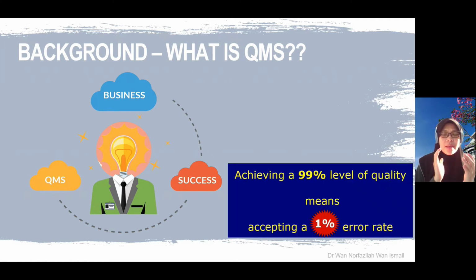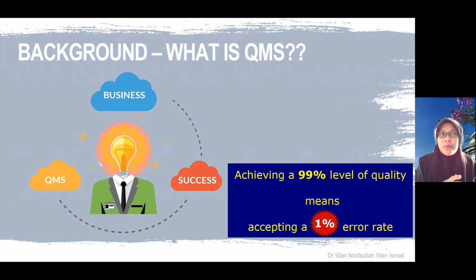Okay, so when we talk about quality, when we already achieve a 99% level of quality, does it mean we already have a good quality product? 99% means that you are accepting a 1% error rate.